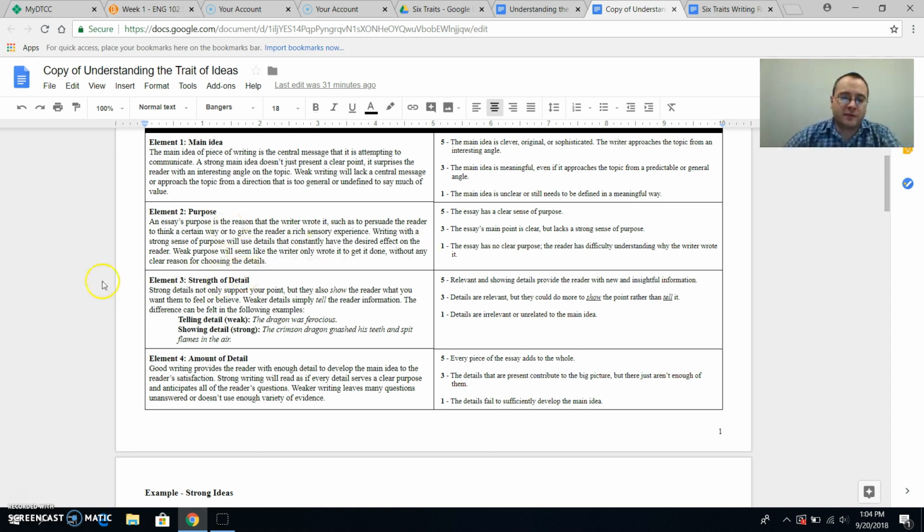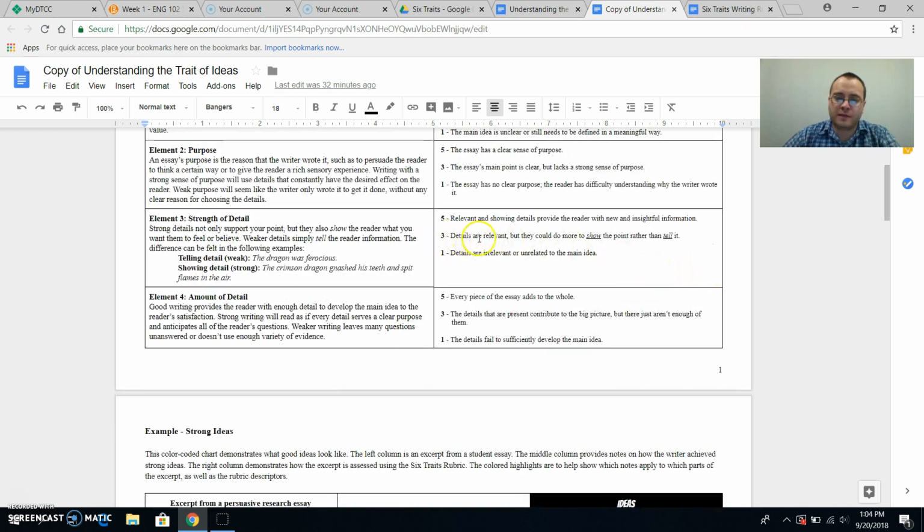So if you're trying to evaluate a piece of writing's strength of detail, you'd give it a 5 if relevant and showing details provide the reader with new and insightful information. You'd give it a 3 if the details are relevant, but they could do more to show the point rather than just tell it. And you would give it a 1 if details are irrelevant or unrelated to the main idea. Okay.